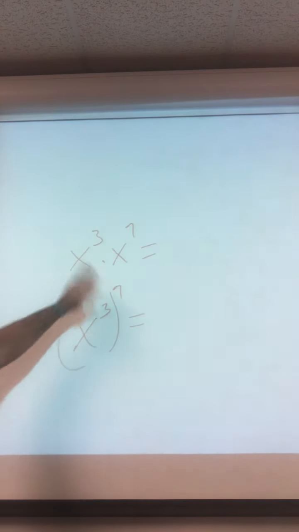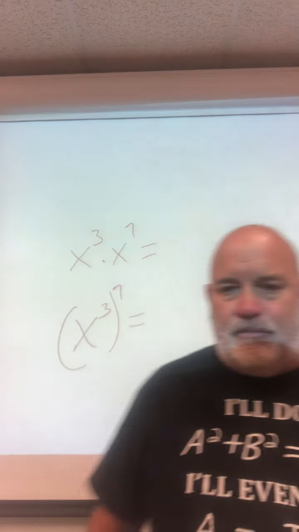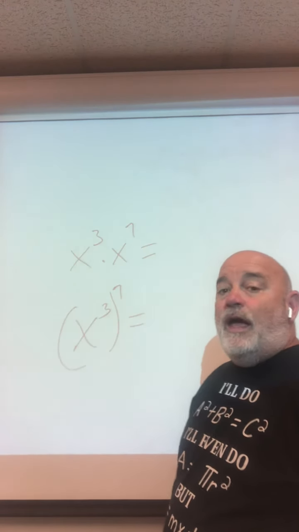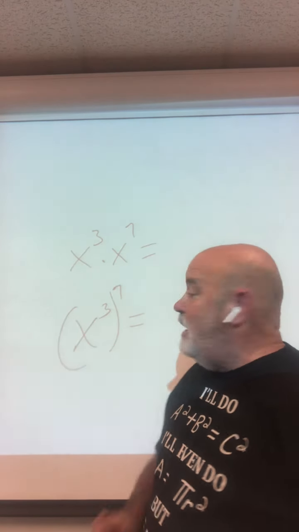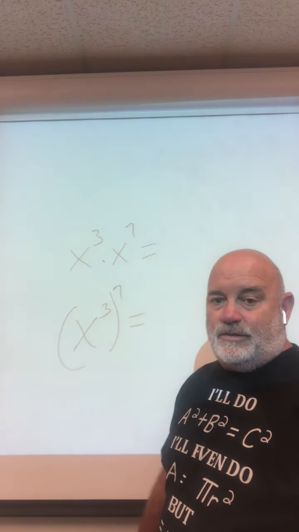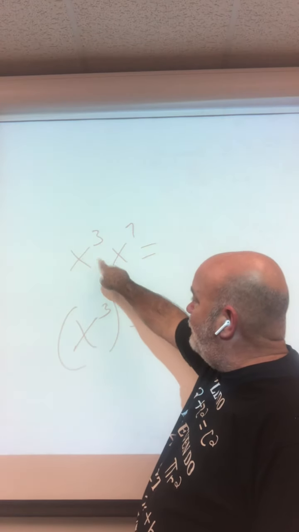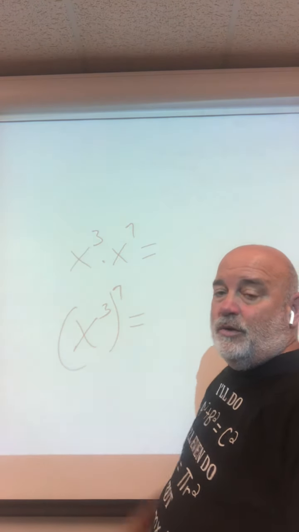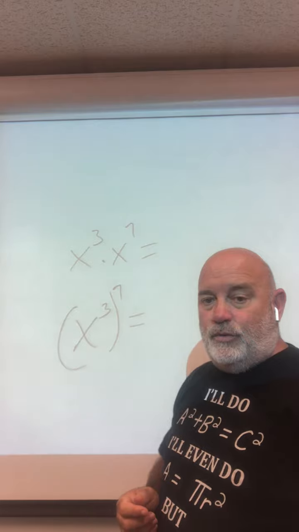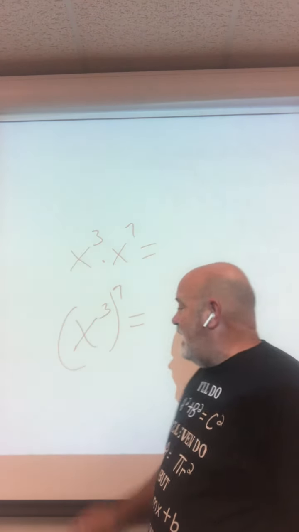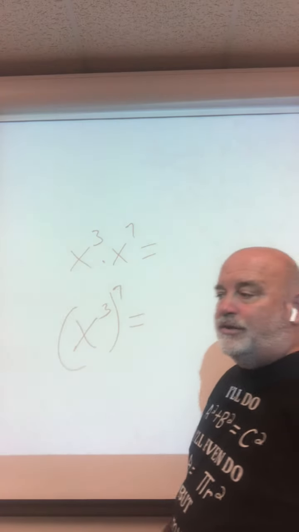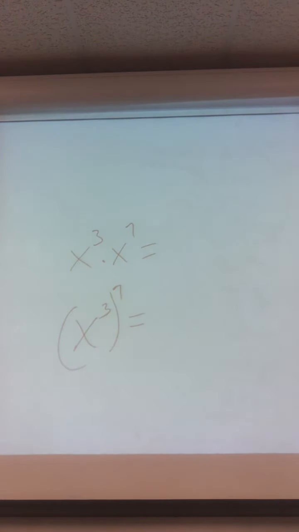Are these 2 problems right here, are they the same? No, they're not. And the reason is because there's some exponent properties that tells me how to do this. And you don't do this one the same way you do this one. It's different rules. So how you multiply with x's and how you do a power to a power is two completely different things.